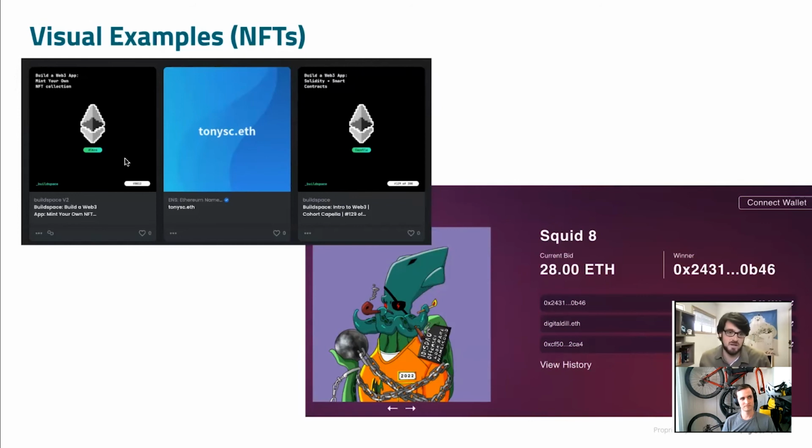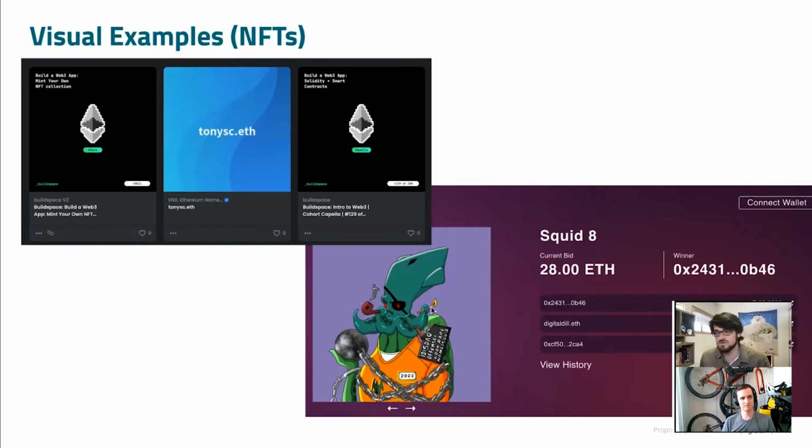Build Space is saying, here is your digital diploma, which is interesting. And then I bought an Ethereum domain name, basically. And so that's mine, I own this.